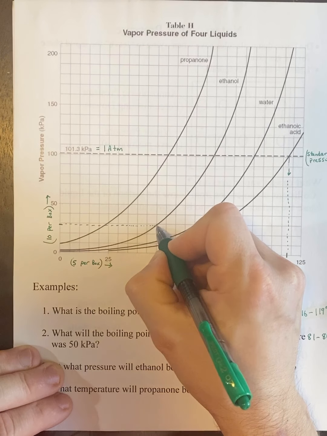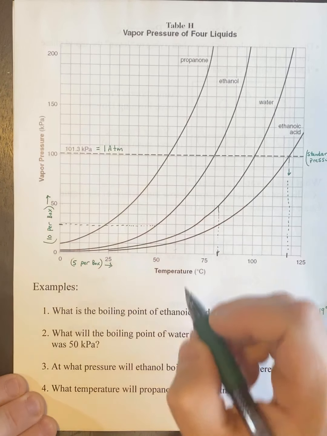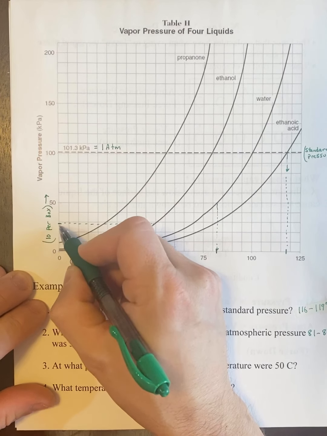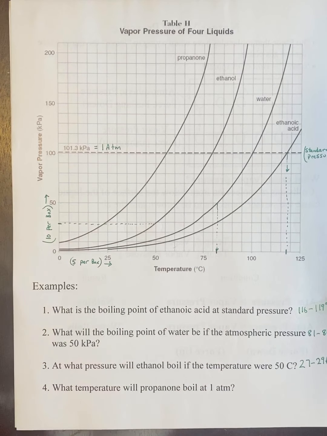Okay, maybe, but if you look carefully, it is definitely under that line at 50 C. So when I estimate my answer, 10, 20, 30, I'm going to call it like 27 to 29 kPa, somewhere in that range. Maybe even 26, but I'm definitely not going to call it 30 because 30 would be the line and it's clearly under the line. So that would be the pressure needed to make ethanol boil if the temperature were at 50 C.